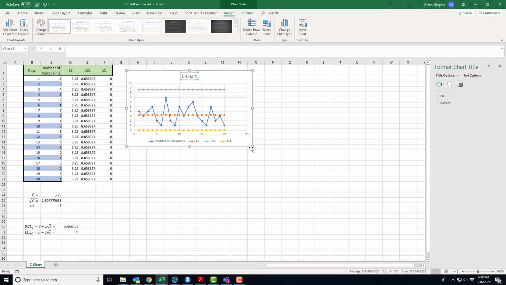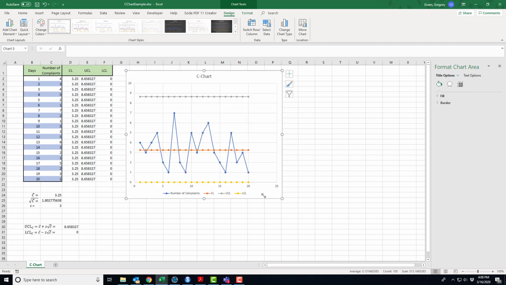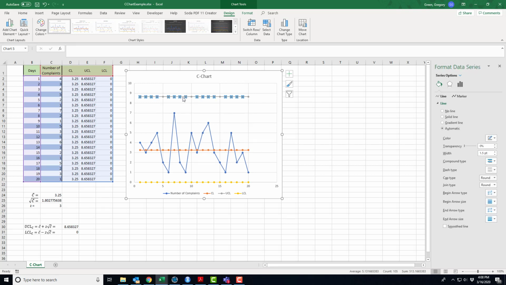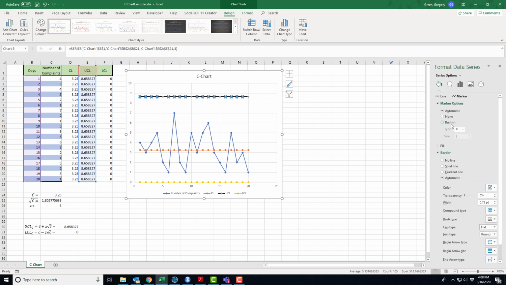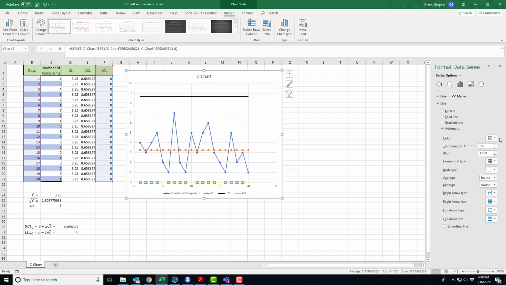All right, well, from this point on, everything is just aesthetics. So again, maybe I want my line to be black. I don't want any dots, so I go to the marker and take away the dots. Then I go down here and take away my dots. I go back to my line.